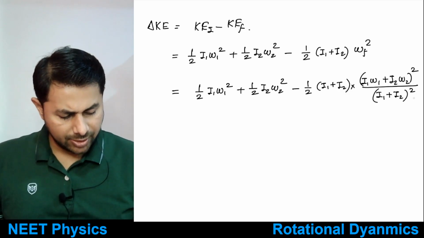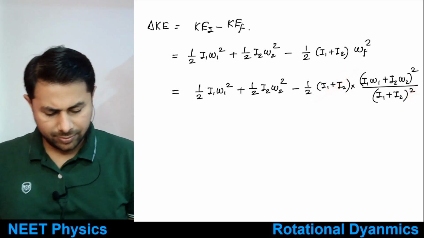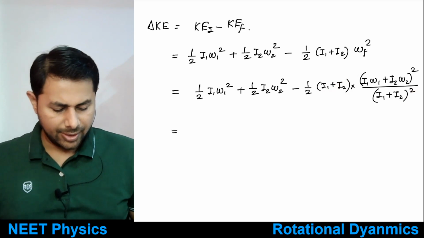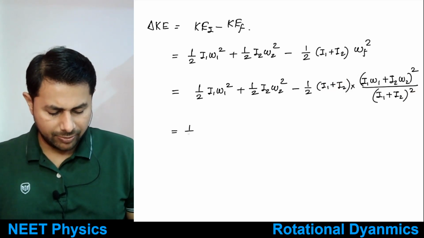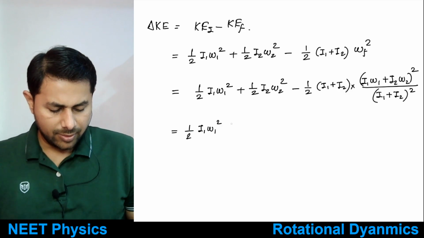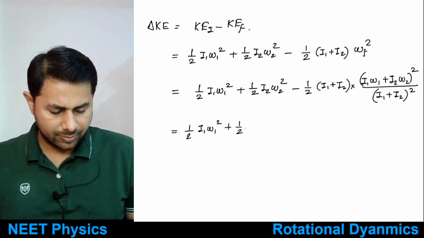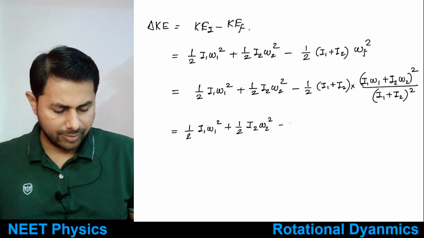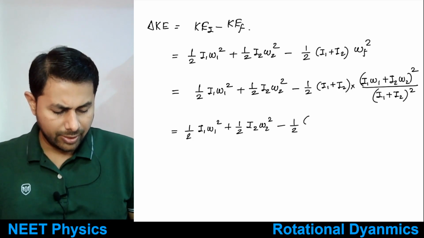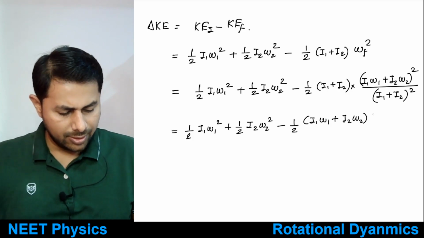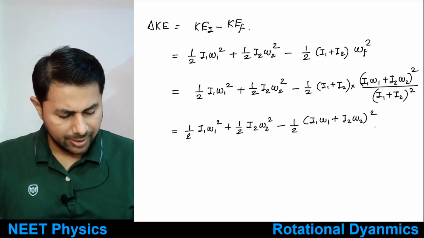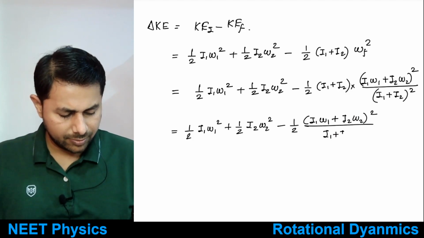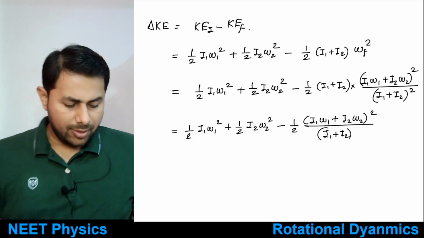Then what happens is this square gets cancelled with one I1 plus I2, and then you can simplify it. So you have half of I1 omega 1 square plus half of I2 omega 2 square, minus half of I1 omega 1 plus I2 omega 2, then you have the square of that divided by I1 plus I2, right?